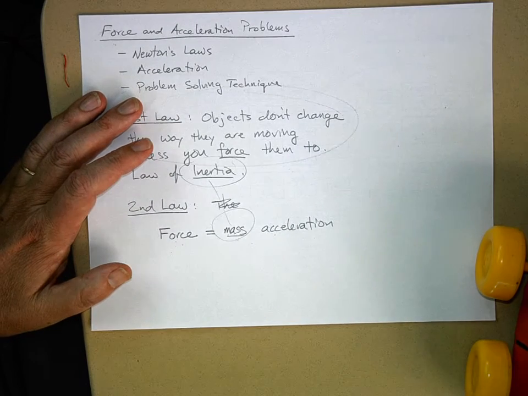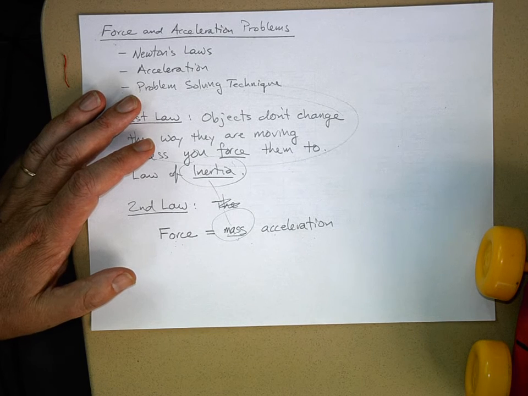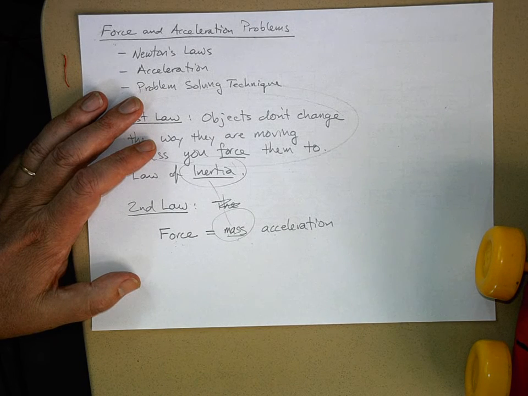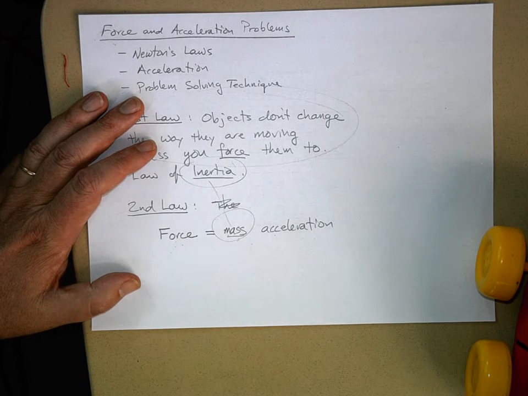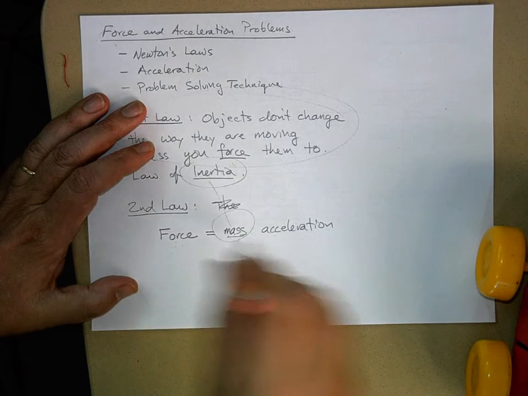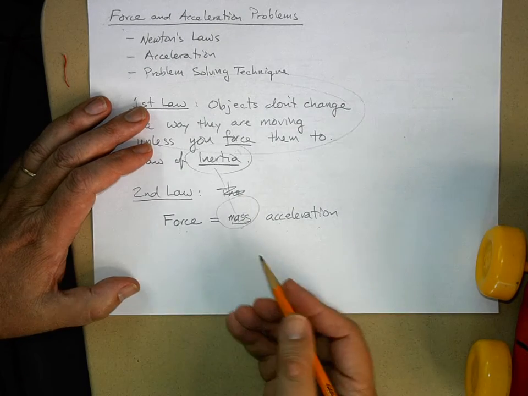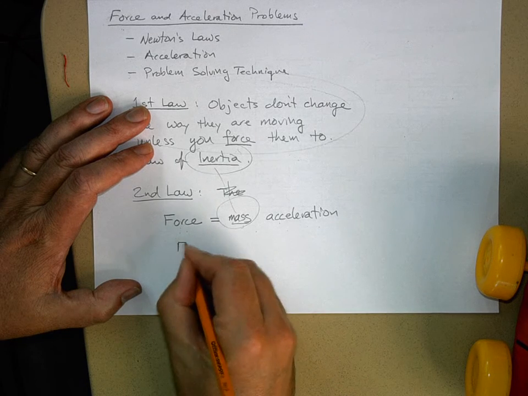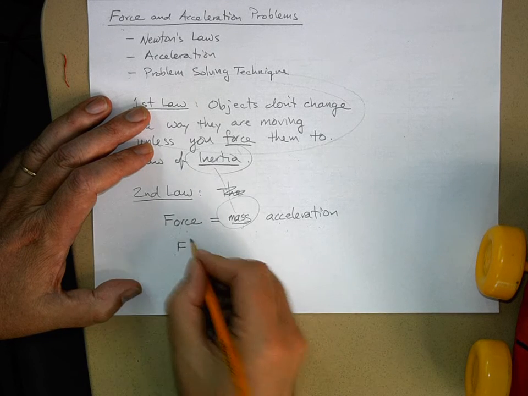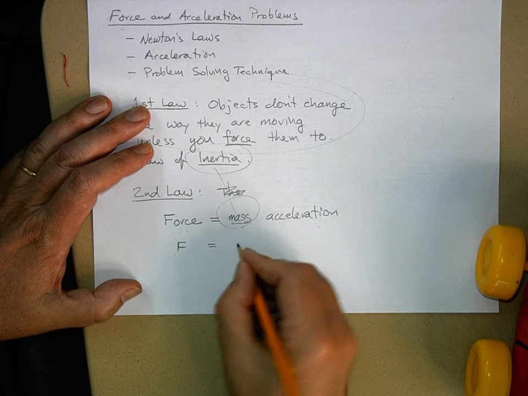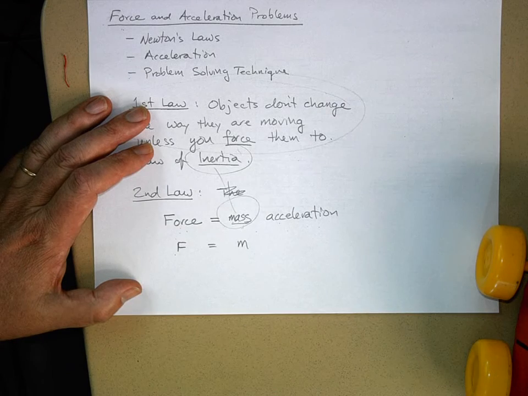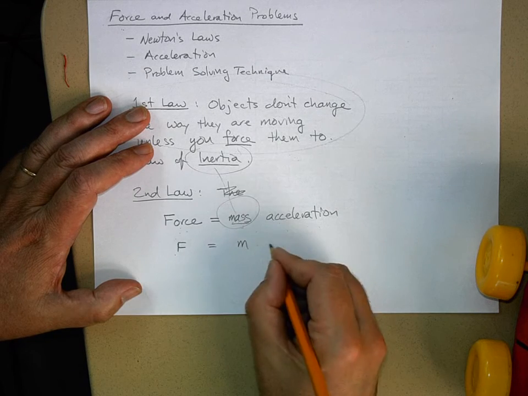That make sense? You following? You with me back there? Okay. So force equals mass times acceleration. We express it like this: F for force equals m for mass, and then we use the letter a for acceleration.